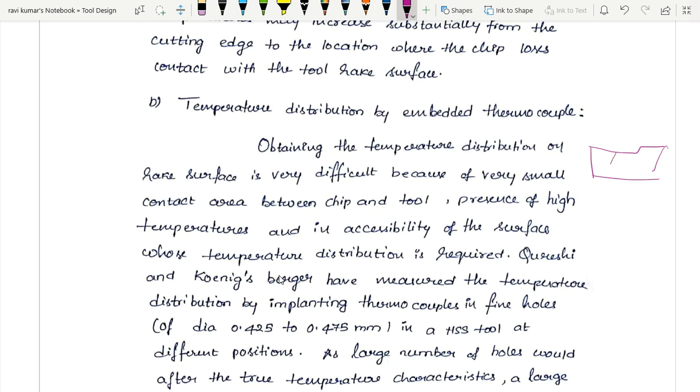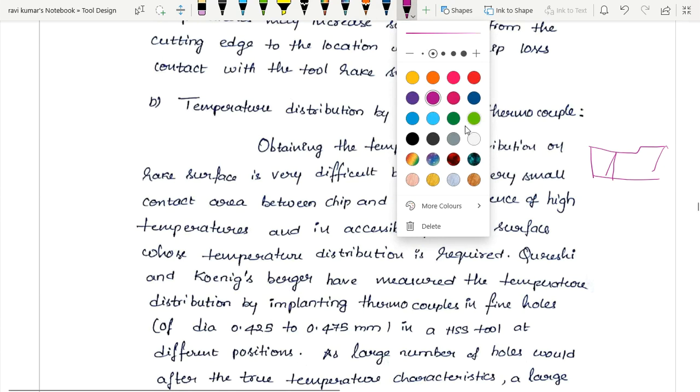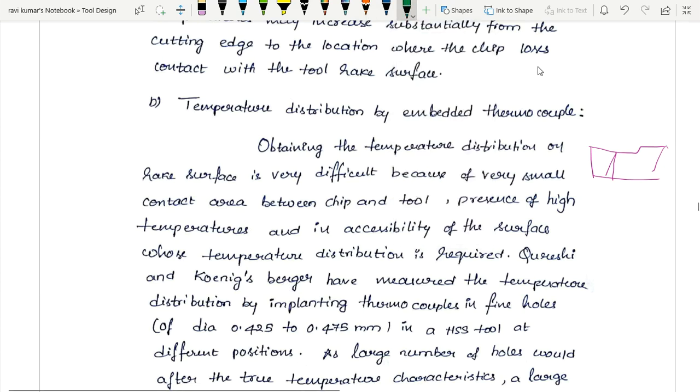I am going to make a fine hole. Of course, I am drawing it enlarged. Into that, I am going to embed a thermocouple wire. So I will try to reach the nearest possible surface.